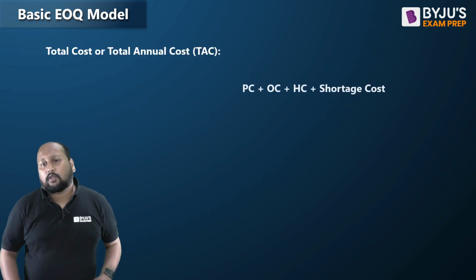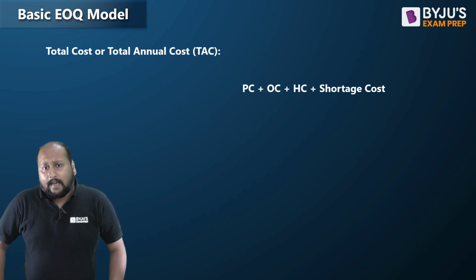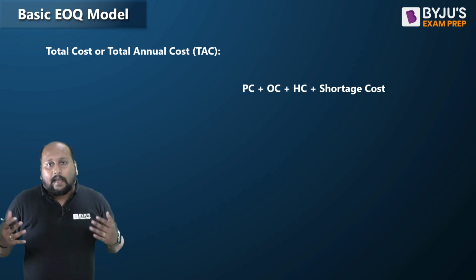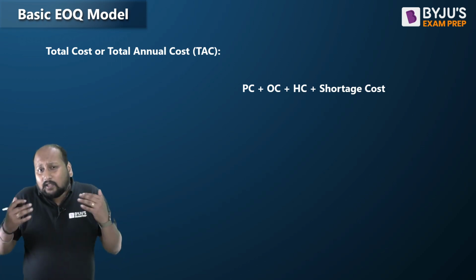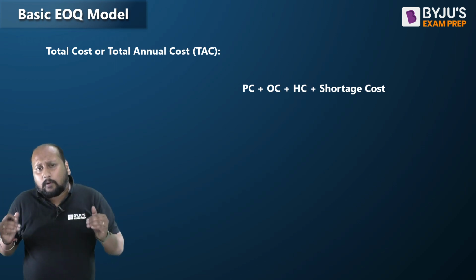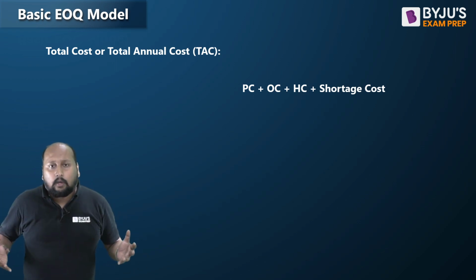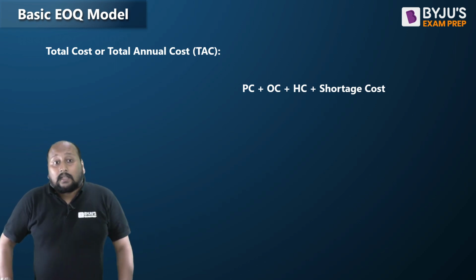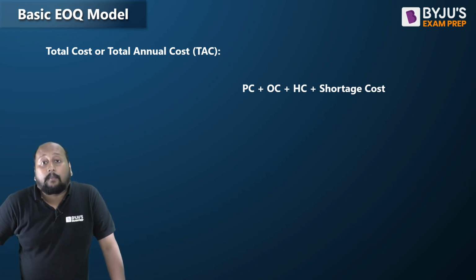That is nothing but the summation of all the costs, that could be purchase plus ordering plus holding plus shortage cost. Okay, fine. Because ultimately I need to minimize this total cost, right? This is the cost that I need to pay. I need to have this cost as minimum as possible, or I have to optimize this value in order to get the best output or maximum profit. So this is the basic objective of economic order quantity.